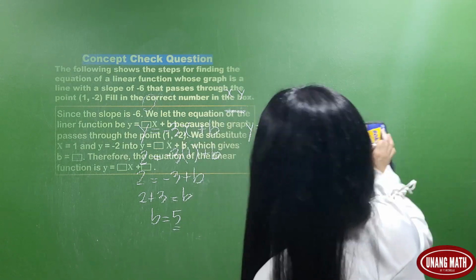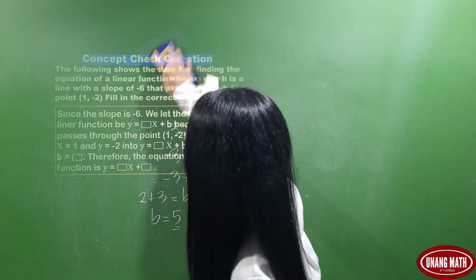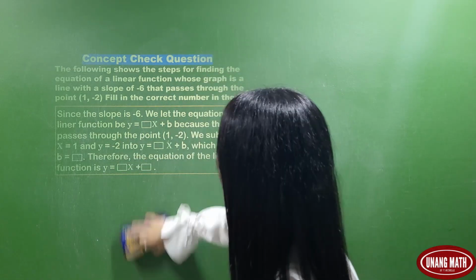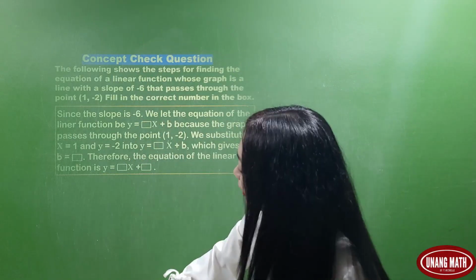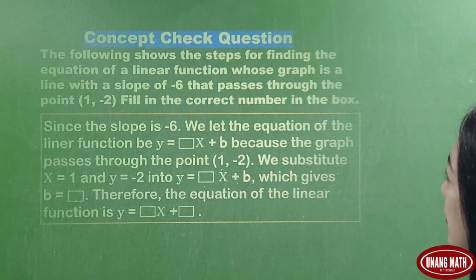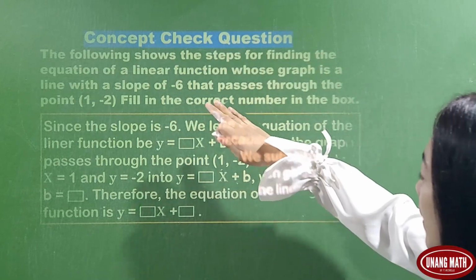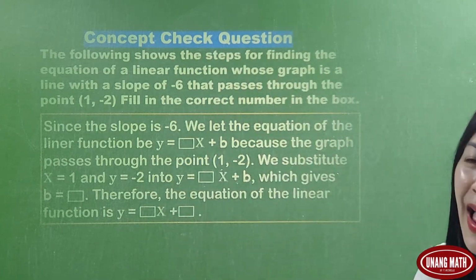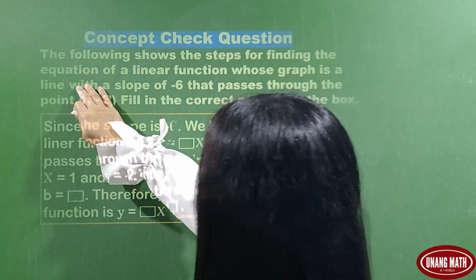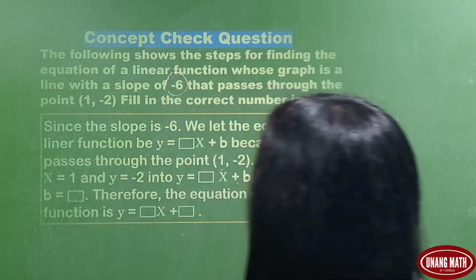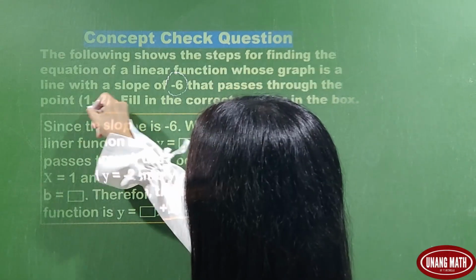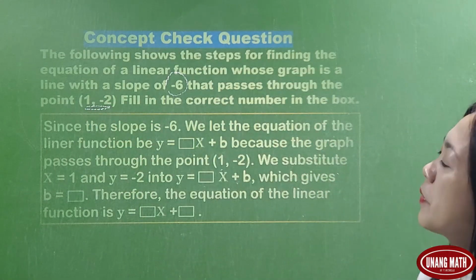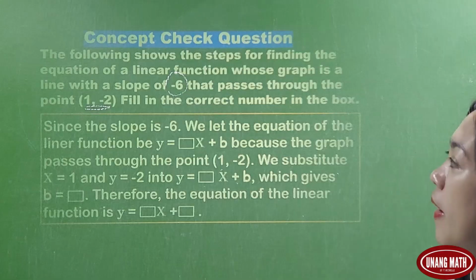Okay, this time, let's answer this concept check question as another example for this lesson. The following shows the steps for finding the equation of a linear function whose graph has a slope of negative 6 and passes through the point (1, negative 2). We will fill in the correct number in the box.